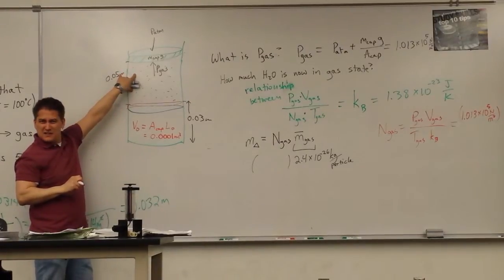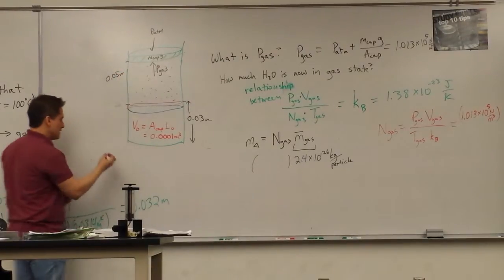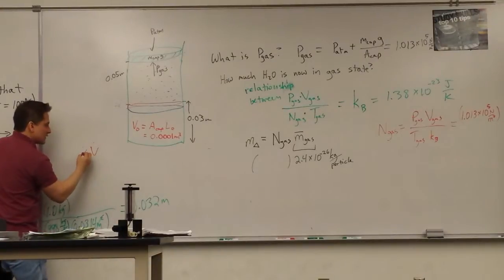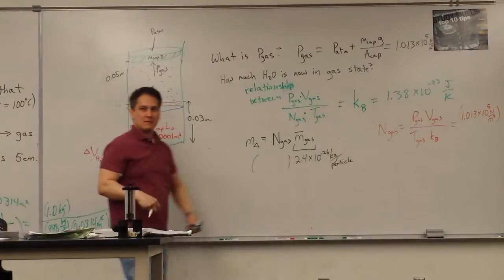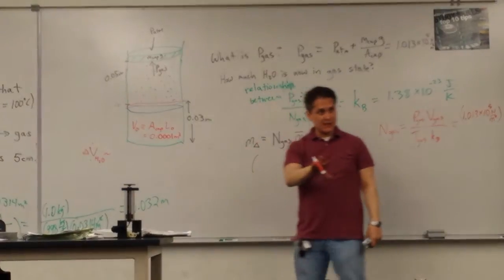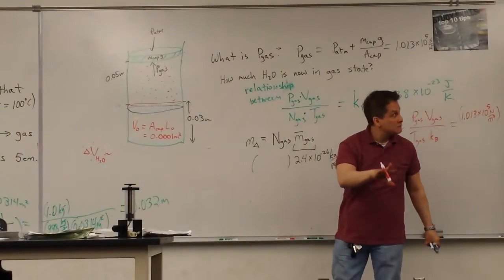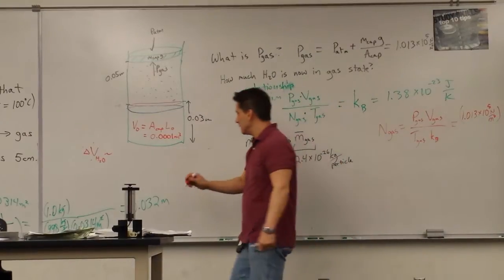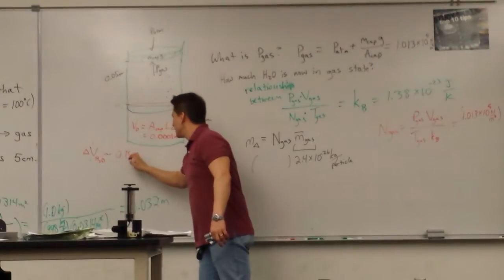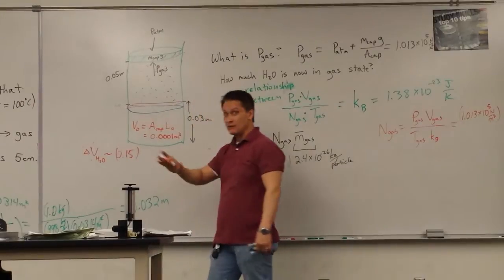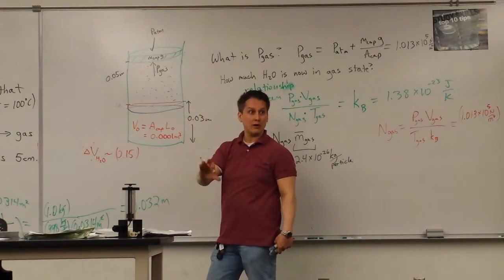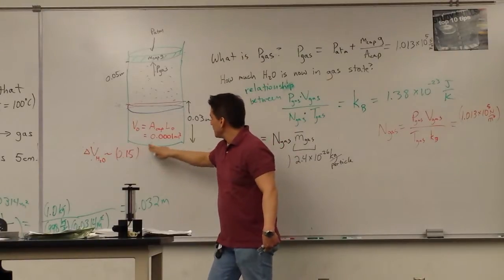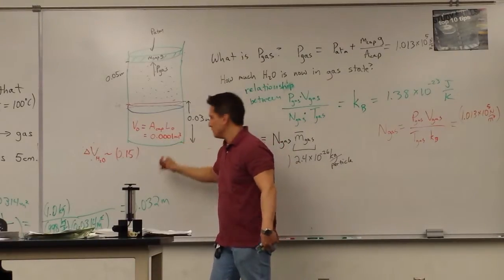Does that make sense? Okay. So the volume of water loss is about 15%, give or take, and again, this was an estimate. About 0.15, 15%, give or take. I know it's not going to be 15% because my estimate makes it much lower. It's going to be about this times this number.